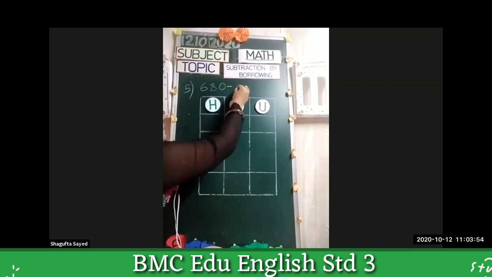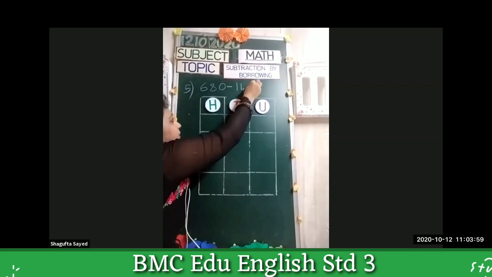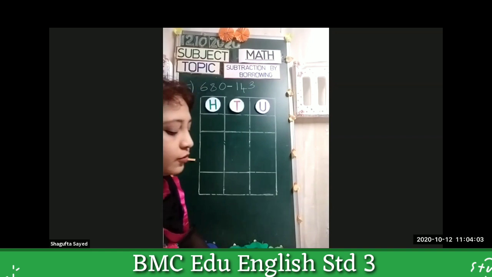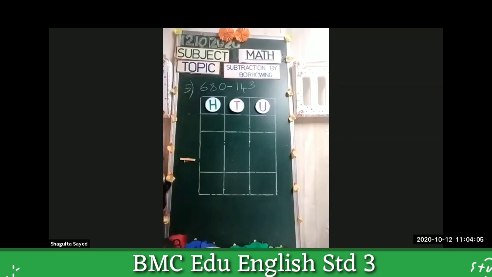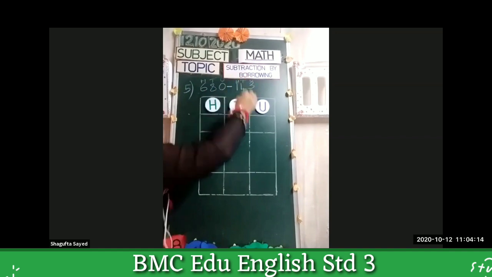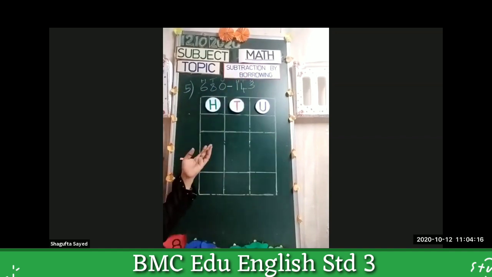Now, 680 minus 143. Now, what do we have to do first? Kids, tell me. Yes, please tell. Unit, tens, hundred. Unit, tens, hundred. Now, is our sum over? No. Why no?